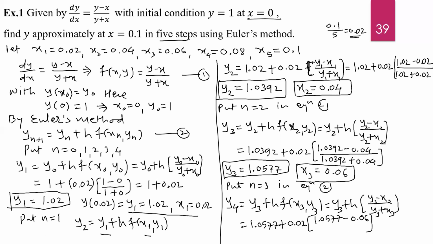Same value, only addition there: 1.0577 plus 0.06. We get y suffix 4 is equal to 1.0738.